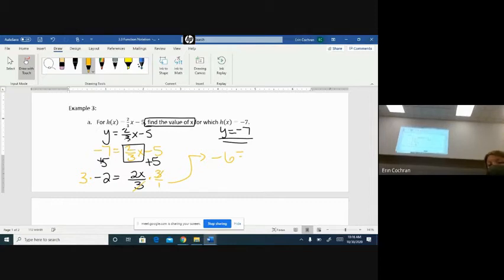They cancel out, and then I'm left with 2x. And now how do I get rid of that 2? Divide by 2. So x equals negative 3. So x equals negative 3 when y equals negative 7, right? Okay. Any questions with that one?